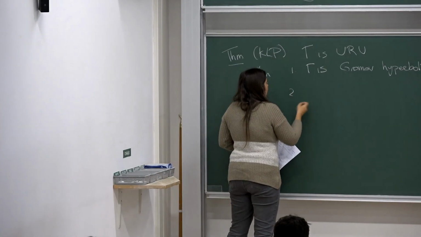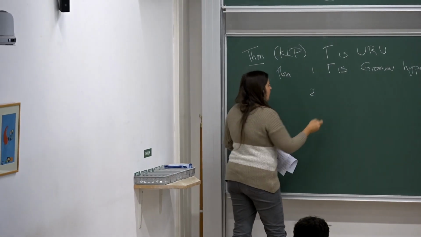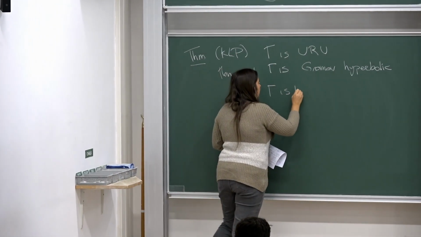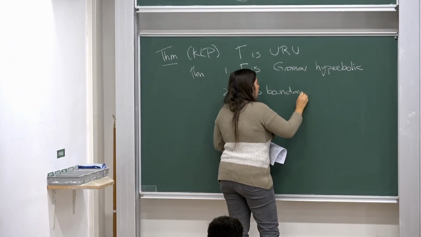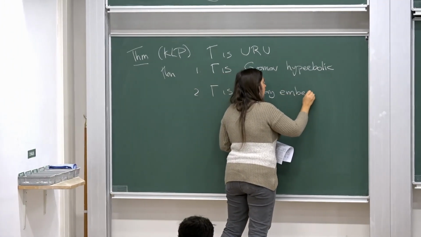And the second property that's going to be important for me later is that gamma is boundary embedded.